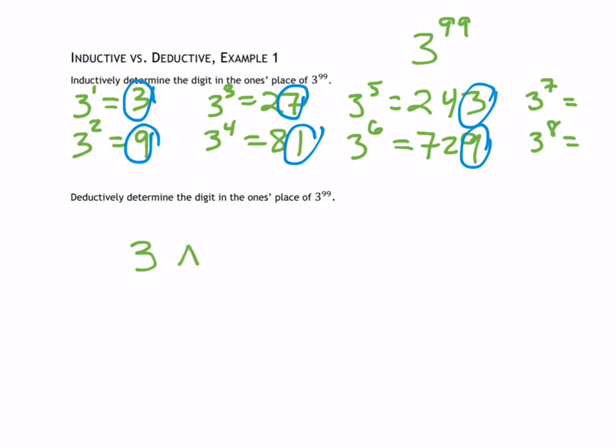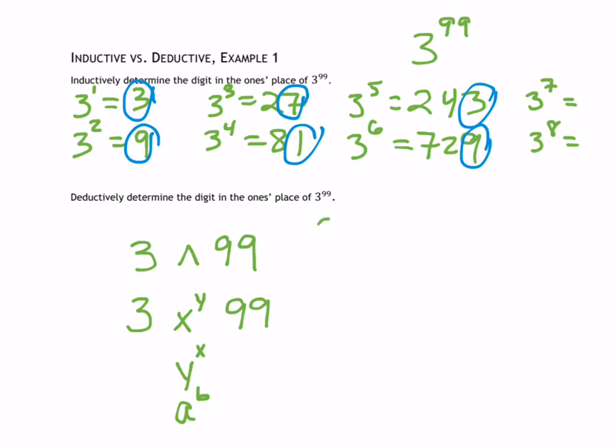You may have a little caret symbol on your calculator, or a key like x to the y, so you would type 3, then that key, and then 99. Yours may be y to the x, or a to the b, something like that. That's the exponent key, and you would enter that, and it would tell you the value of that number.